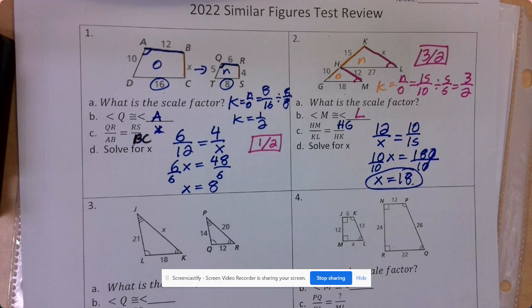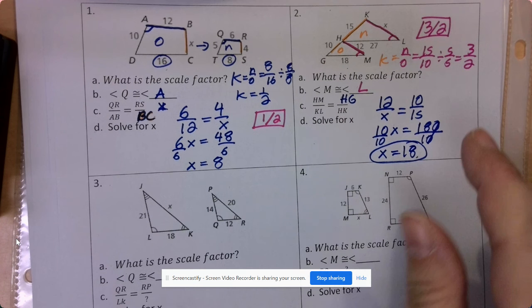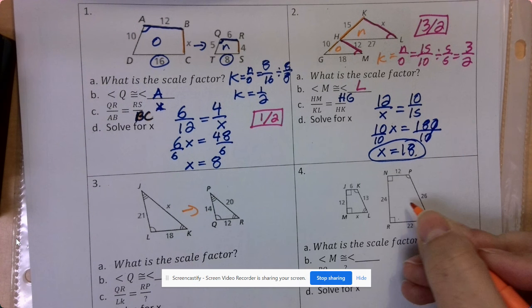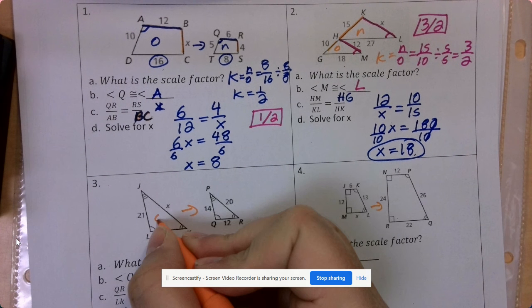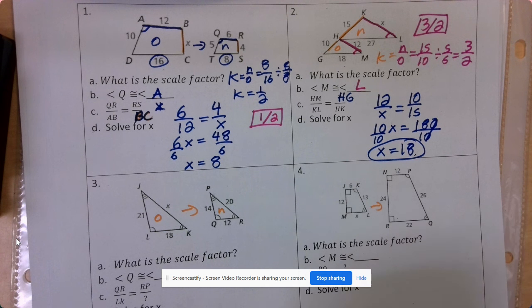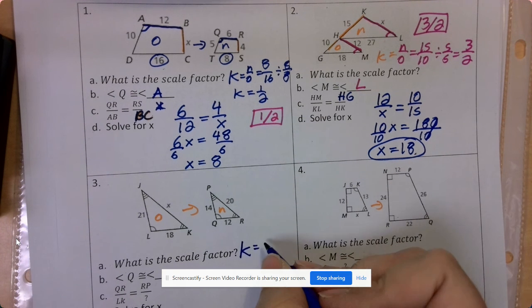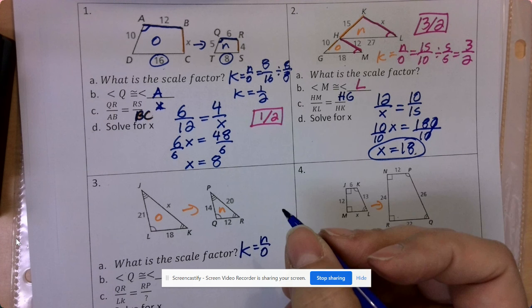Okay, so for this one, everybody, definitely you want to draw diagrams on these and mark them. What's the scale factor for this one? All these, we're just going to go left to right. This is our original, this is our new one. So what's the scale factor? It's going to be N over O, and I can pick any side.